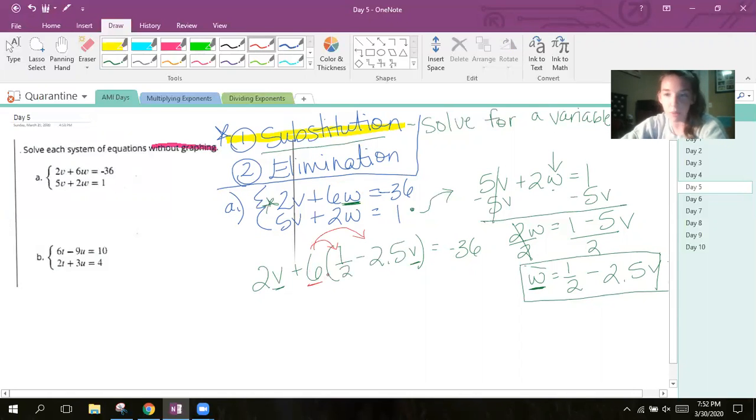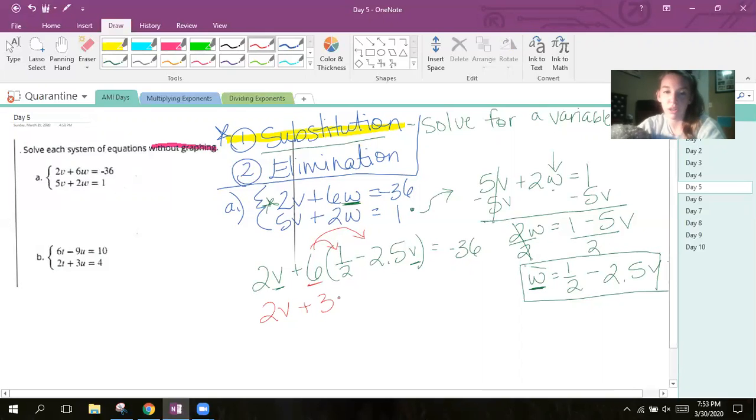Oh, okay, so I'm going to distribute that 6. All right, so now I'm left with 2v. We can't forget about that 2v to bring it down. So I have 6 times 1/2. 1/2 of 6 is a 3. And then I have the 6 times a negative 2.5. So 6 times 2 is 12. 6 times 0.5 is 3.